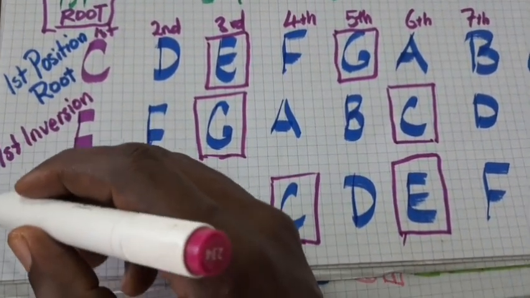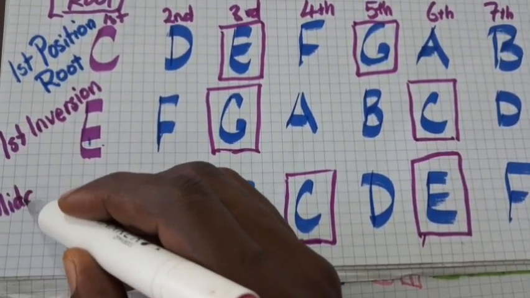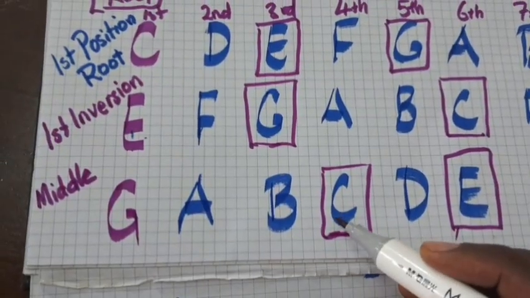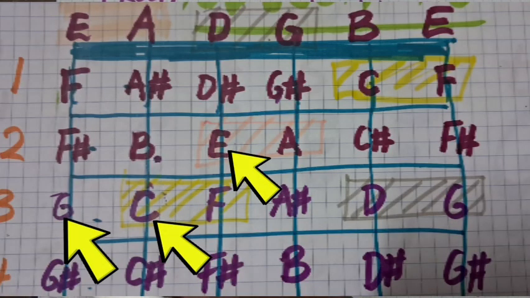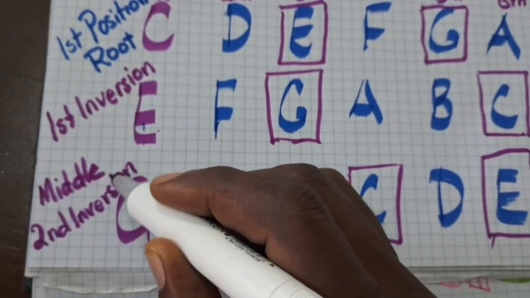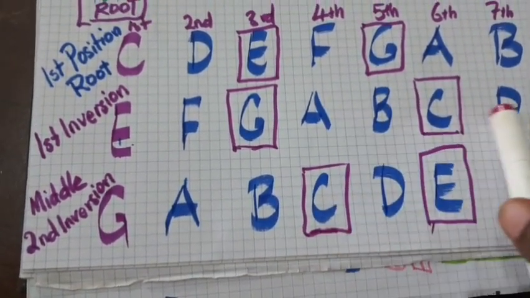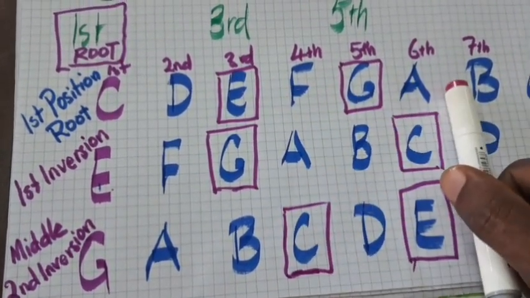So we can either call it middle position, or it is called the middle C, or the second inversion. So this is the second inversion, this is the first inversion, and this is the first position or the root position.